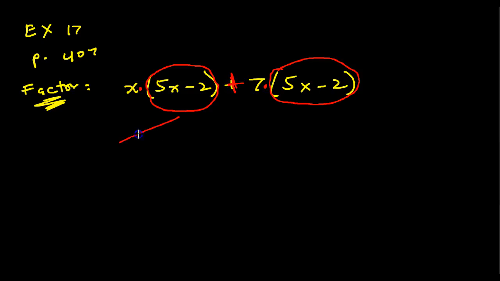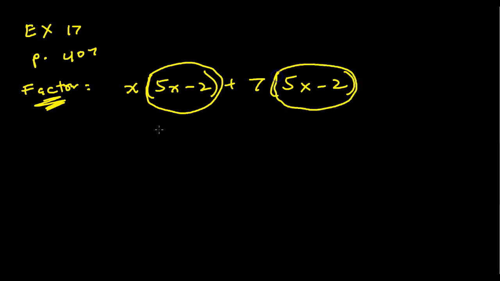So I should be able to work my distributive law in reverse and factor out the common factor of 5x minus 2. All right, so that's what I'm going to attempt to do here. I've got 2 factors of 5x minus 2. So I can factor out the common 5x minus 2.